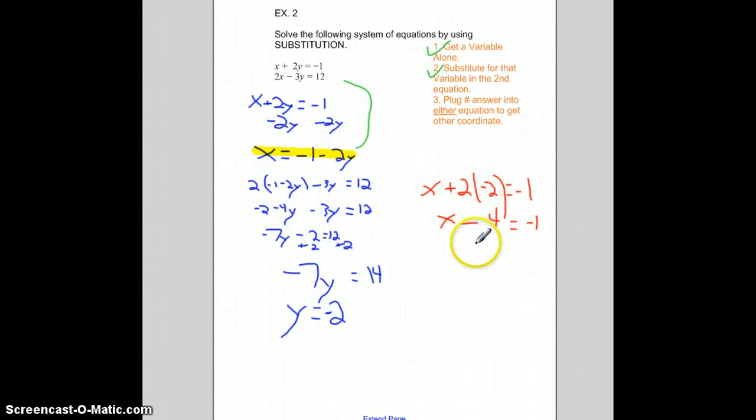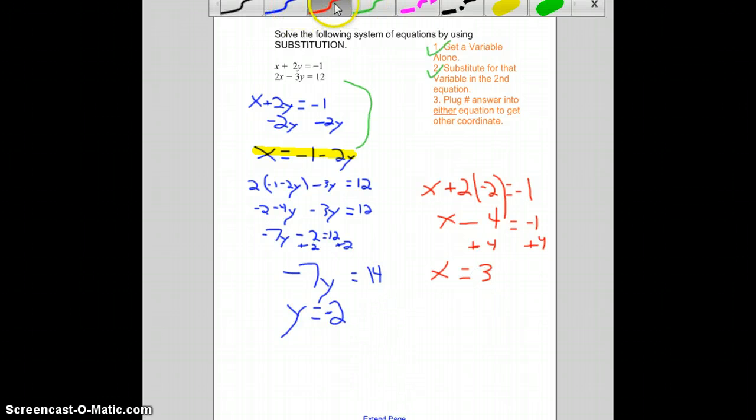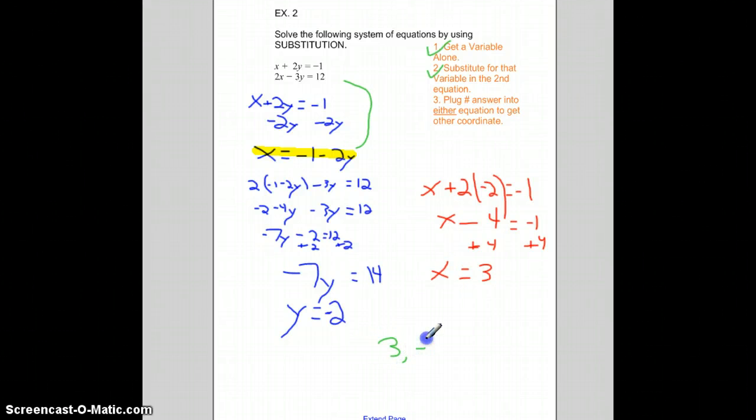All right, and then just solve for x. We got to go plus 4 to both sides. And so x equals negative 1 plus 4, that gives positive 3. So our solution here is going to be 3, negative 2.